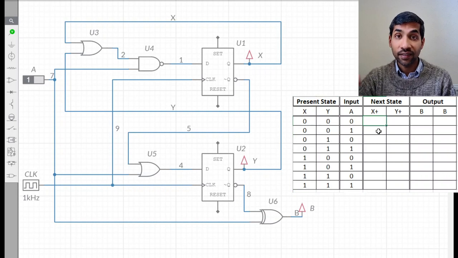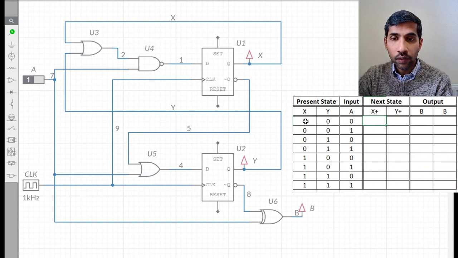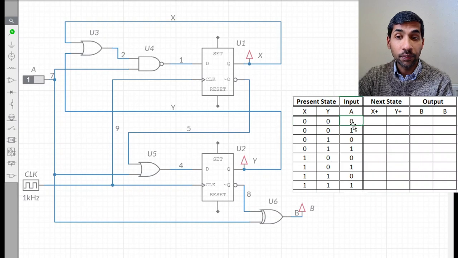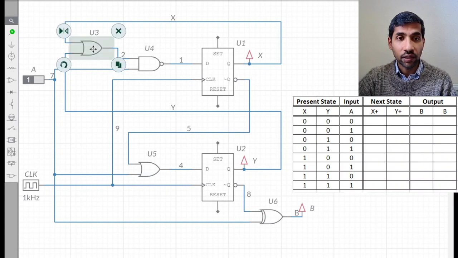Now let's take a look at how this circuit works. Let's say X and Y are 0 and your input is also 0. So X is 0 and Y is 0. If X is 0, what are the inputs to this particular OR gate?